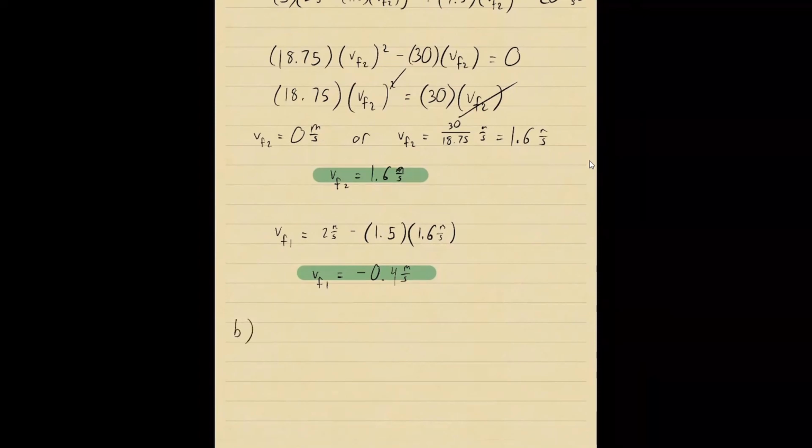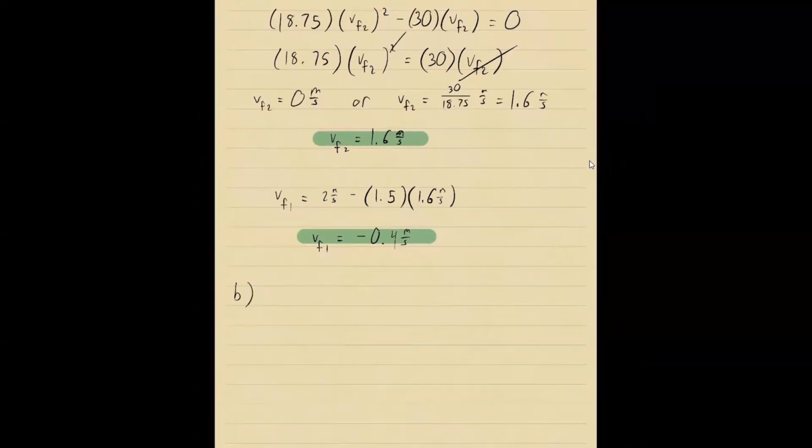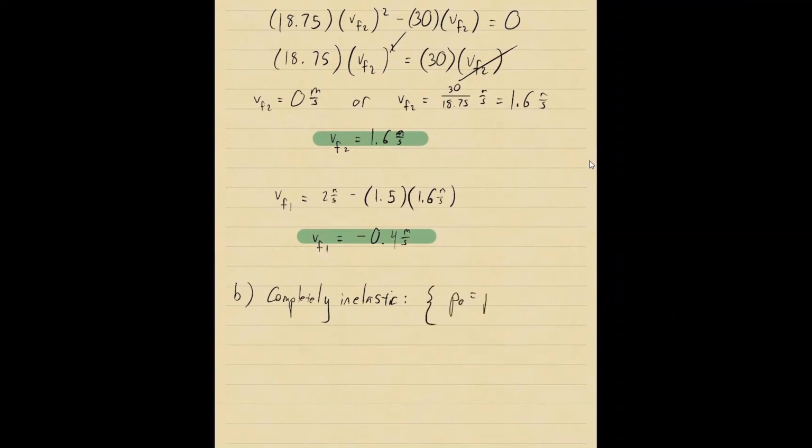Now for part B, we need to look at this from a completely inelastic collision point of view, which just means that our initial momentum is equal to our final momentum.